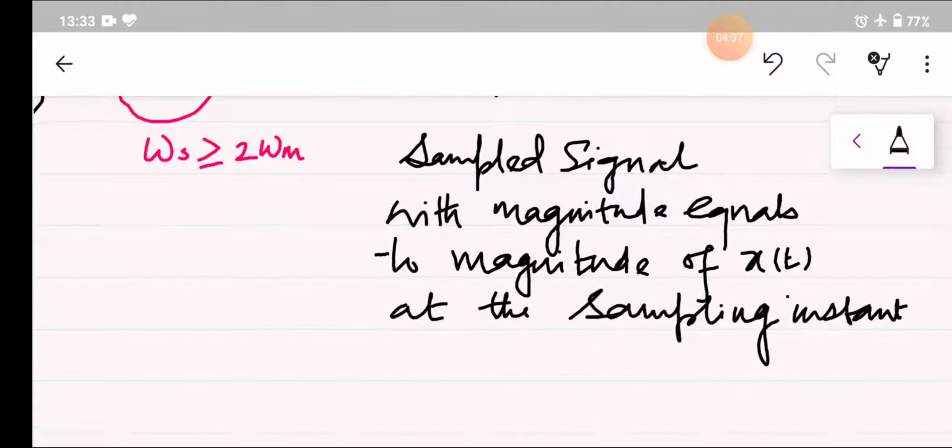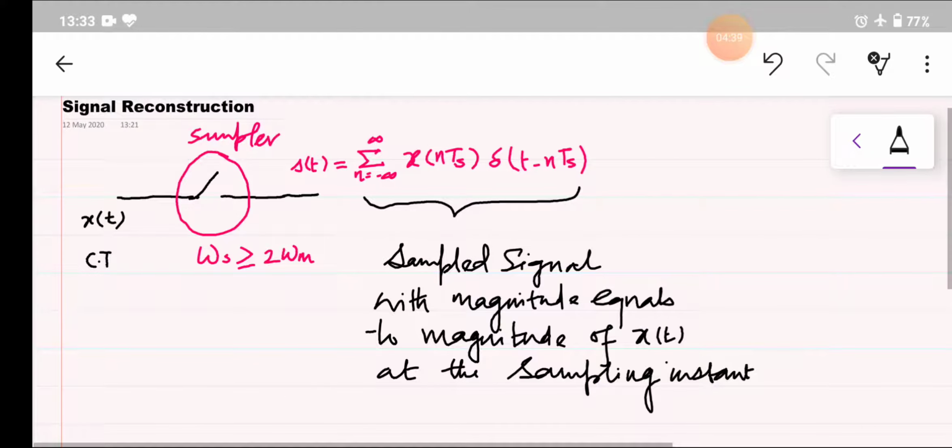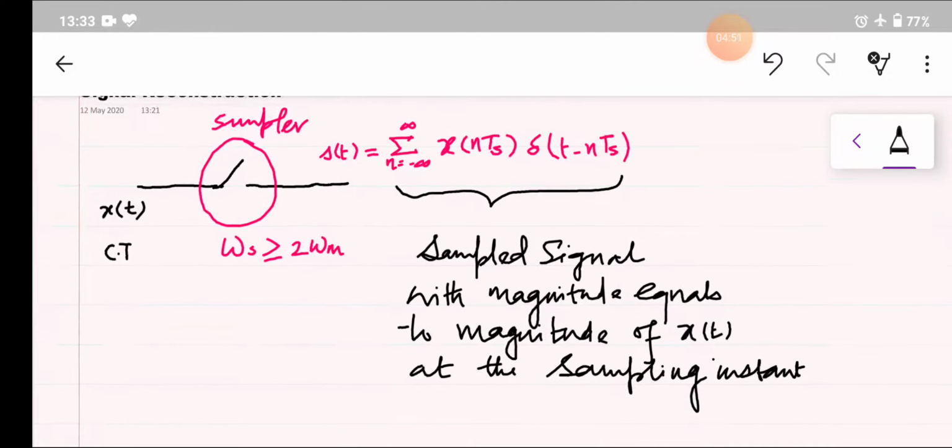Okay, so this is our sampled signal. This is what we have seen in the previous video lectures of sampling, and we have seen the Nyquist sampling theorem also.